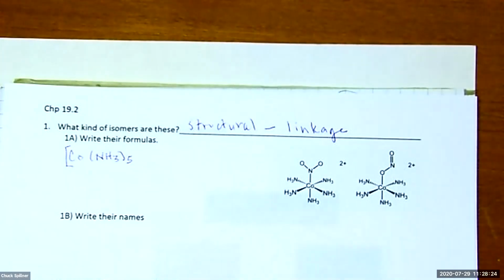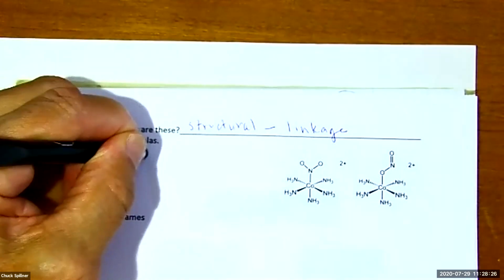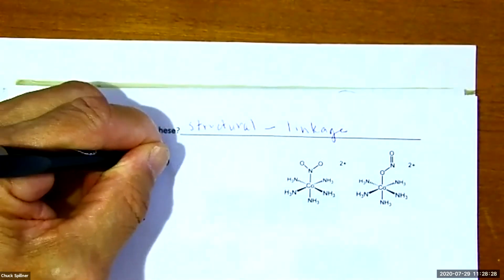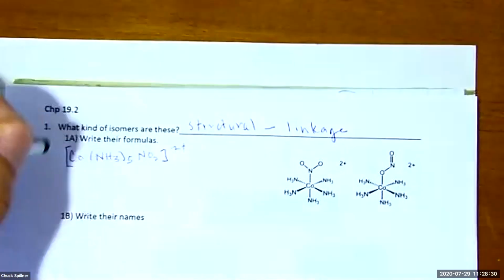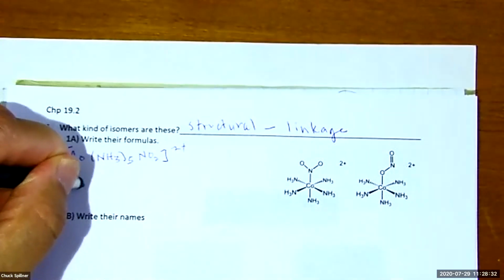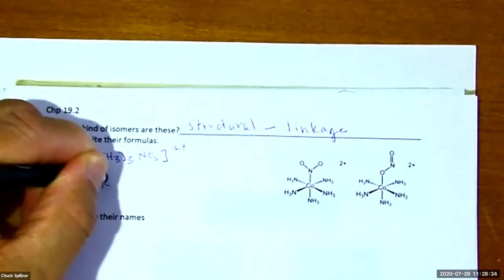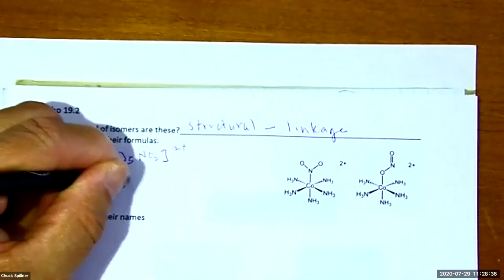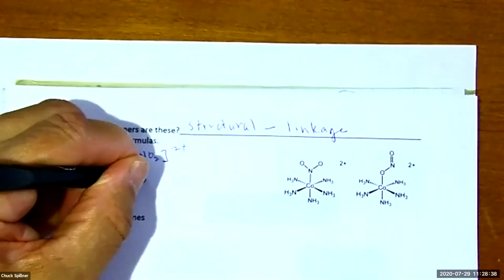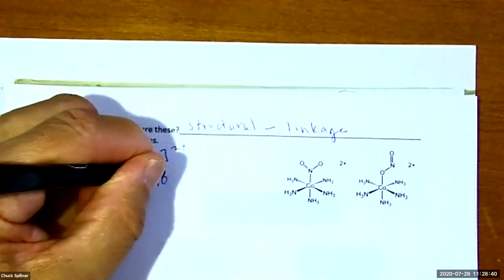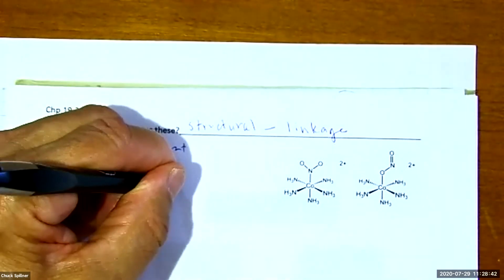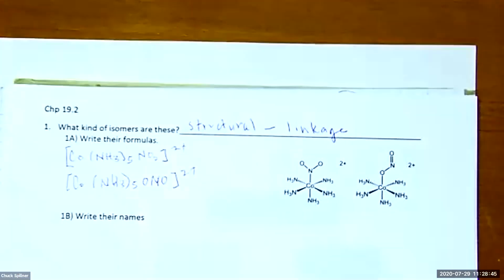And then we have NO2 for the one on the left, and it's a 2 plus. And the other one is a cobalt, and it's an NH3, and there's 5 of those, and it's an ONO. That's why we write that to indicate the nitrito, and that's a 2 plus.